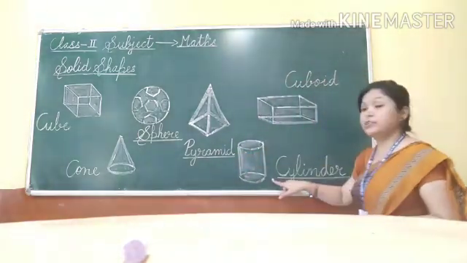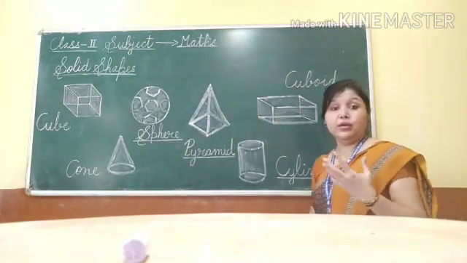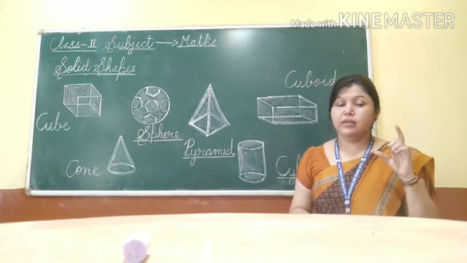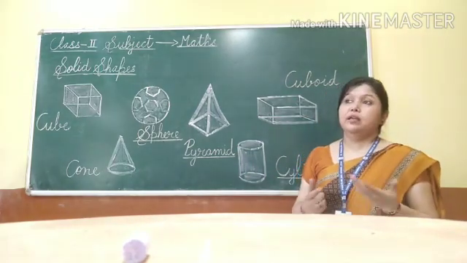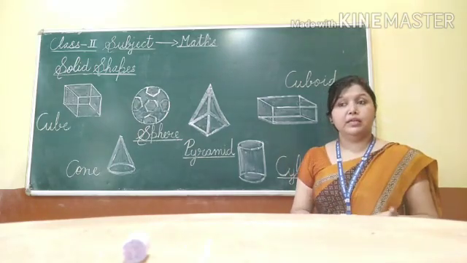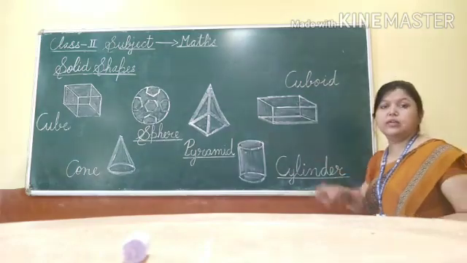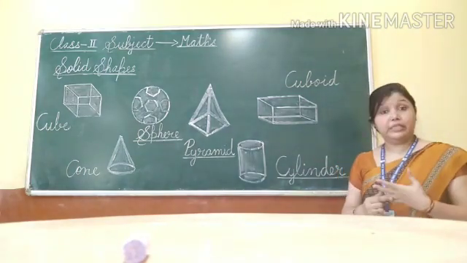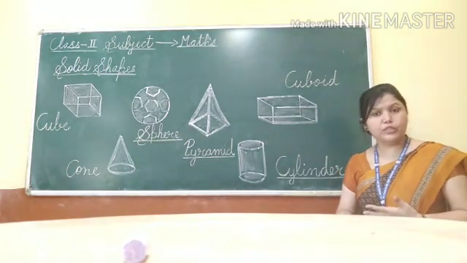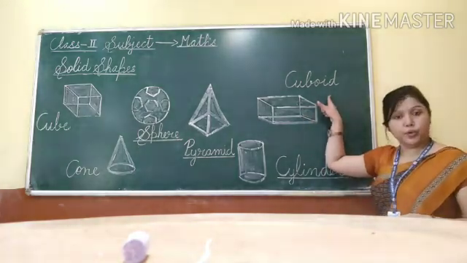And cylinder: cocaine and bottles, they are of cylindrical shape. Cuboid: pencil box, duster, lunch boxes, the shape of them are cuboid.